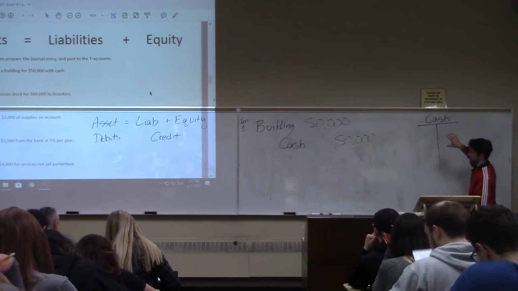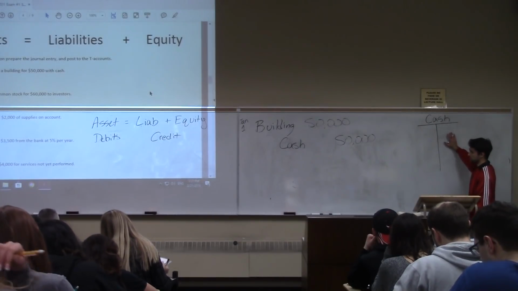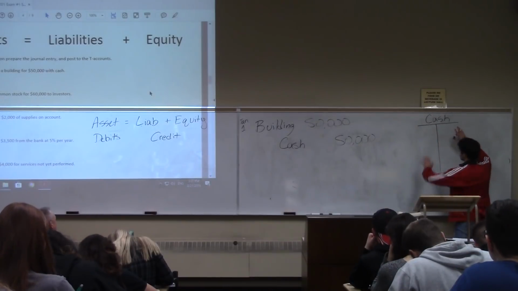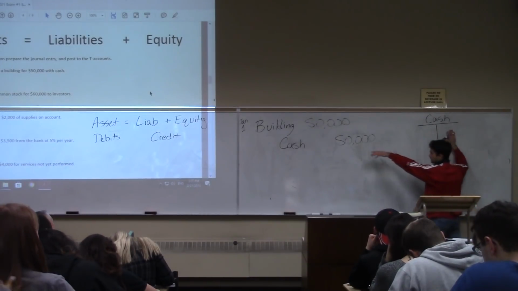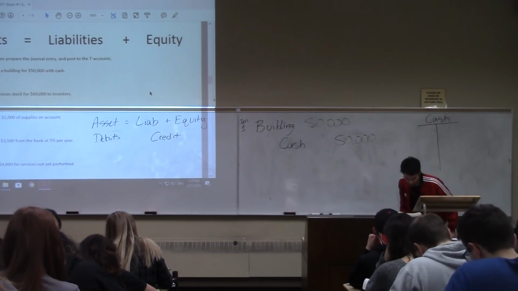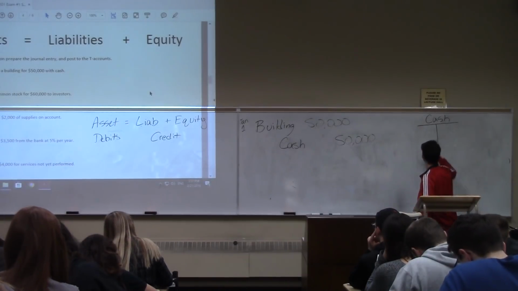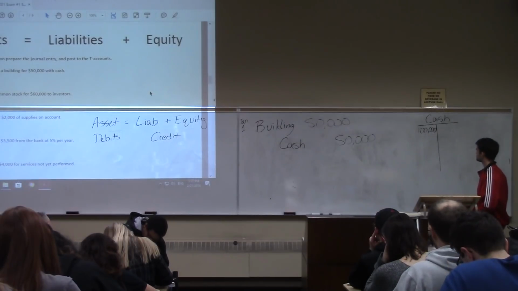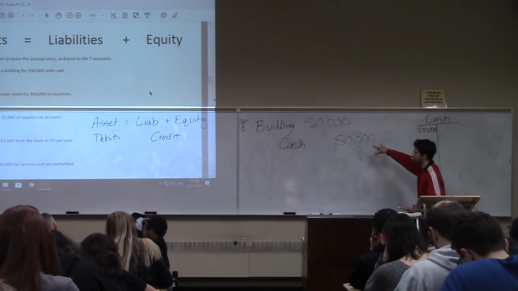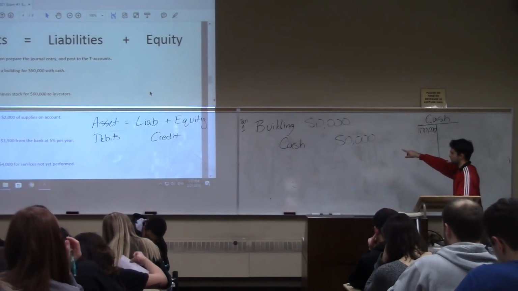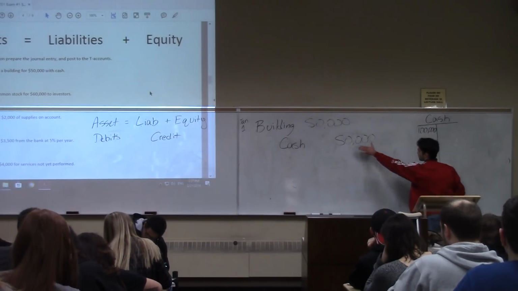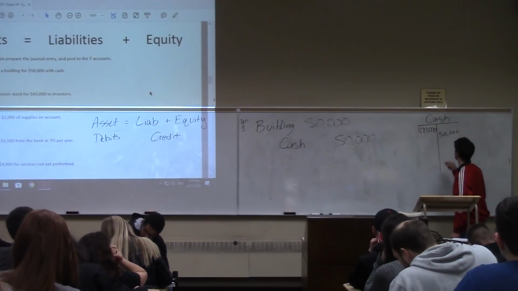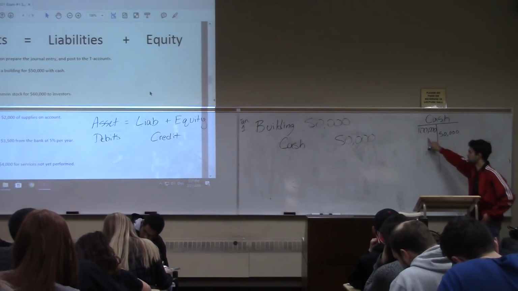The next step is to post it into T accounts. So each account has its own T account. In this cash T account, we had a beginning balance of $100,000. That's already provided to you as a debit. And then on January 1st, we spent $50,000. We credited cash $50,000, so that's what we'll do here. Credits are on the right, debits are on the left.